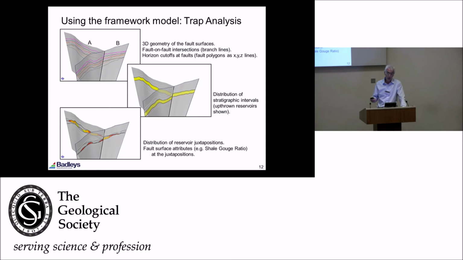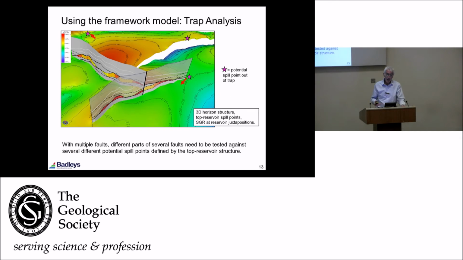So this is a key step in getting to the sealing capacity of each of these faults actually at the reservoir interval. So to go back into our three-dimensional context, we can compare that with the top reservoir structure, which is our top seal, and by assessing the top seals and side seals together, we can look at the place that's most likely to leak as we progressively fill the trap.